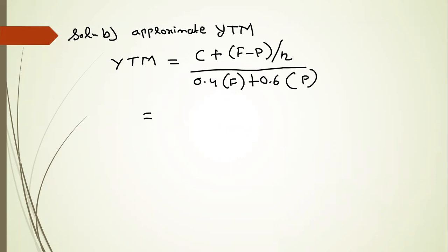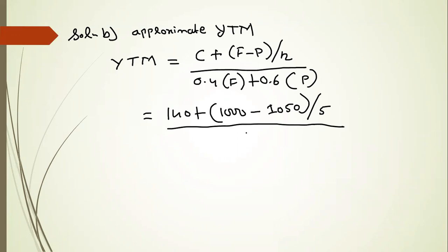So let's put the values here. We know C, so C is 140, plus F, the fair value, is 1000, minus the present value, 1050. That is what is required. Divided by N, that is 5 years.